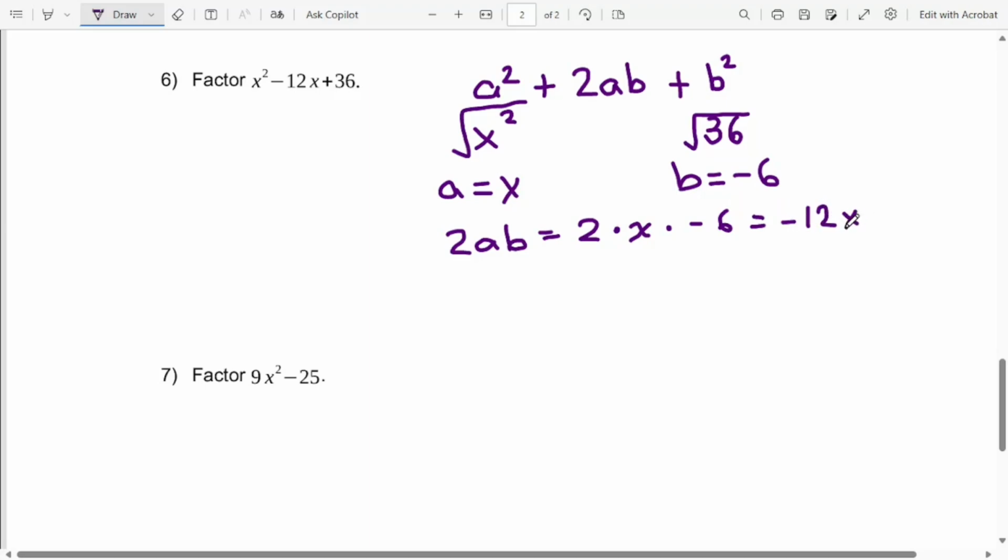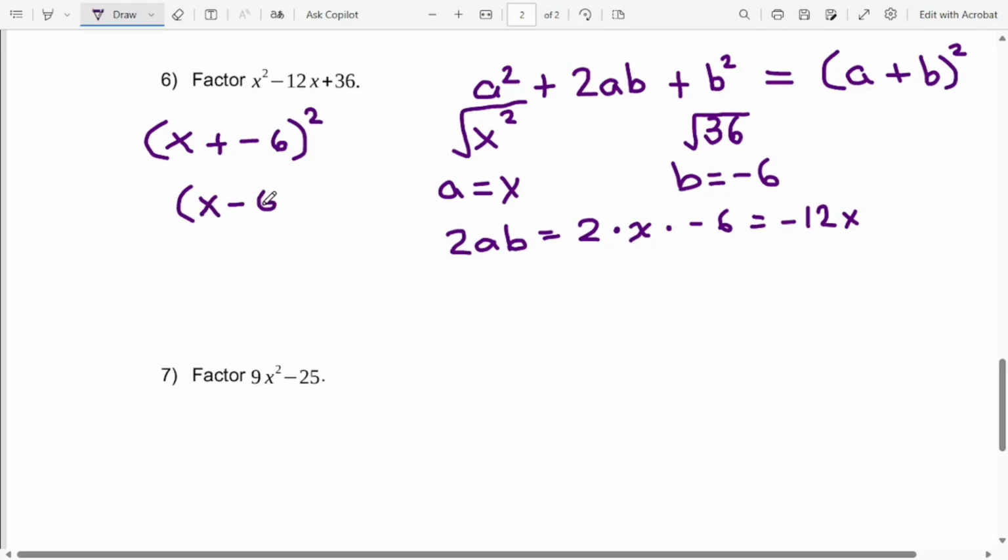So it definitely meets the criteria of a perfect square trinomial, and that would factor to a plus b squared. So this is going to factor to x plus negative 6 squared. Well, when I add a negative, it's like subtracting a positive, so this just factors to x minus 6 squared. And we're done with that one.